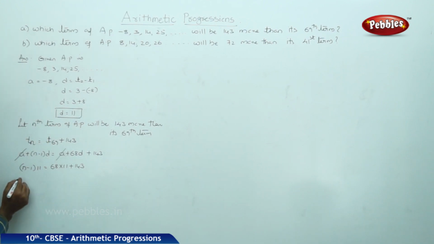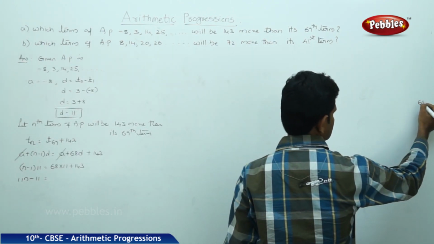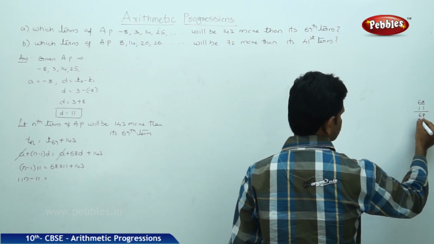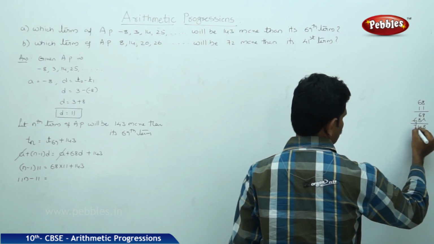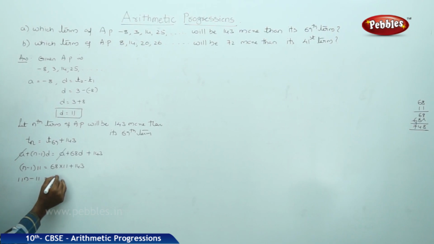That means 11n minus 11 is equal to 68 elevens. Let us do it in the rough margin. 68 elevens: 8 sixes are 48, 8 and 4 carry... that is 748, plus 143.